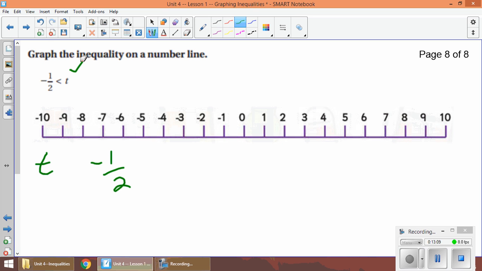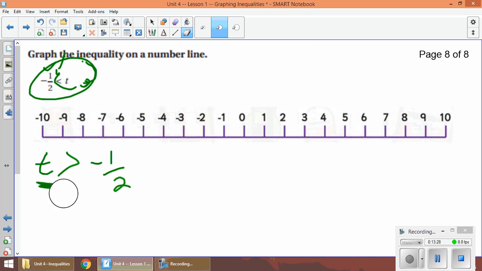So since we flipped these two sides, we have to flip the inequality. If you look at the problem up here from left to right, you'll notice that the opening is towards t. So when I flip it, the opening here is still towards t. All I did was turn it around.